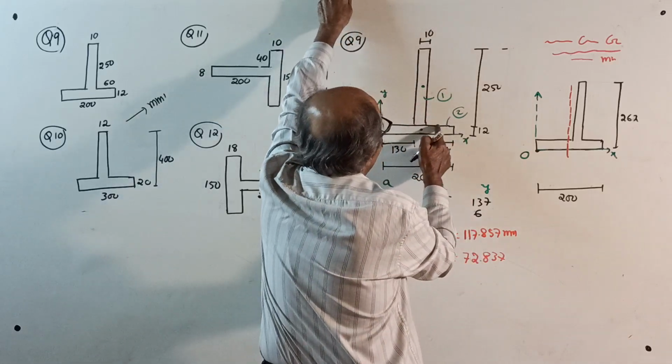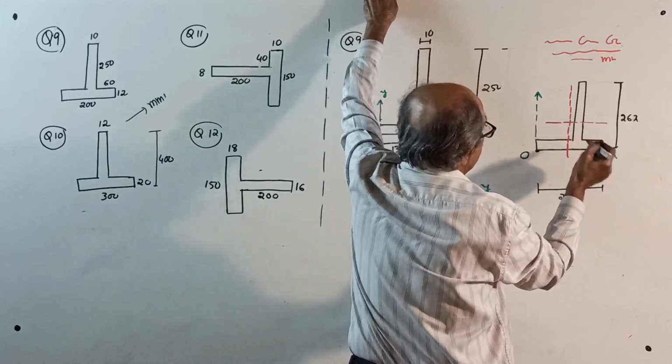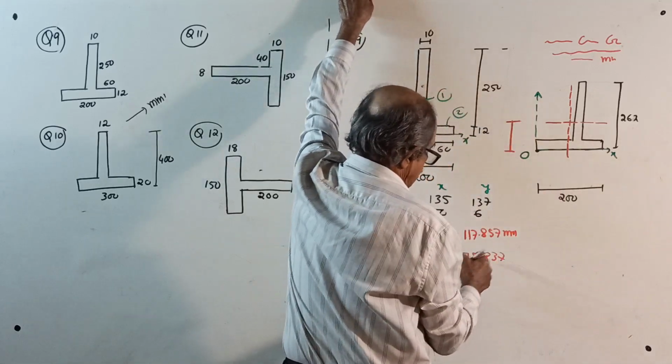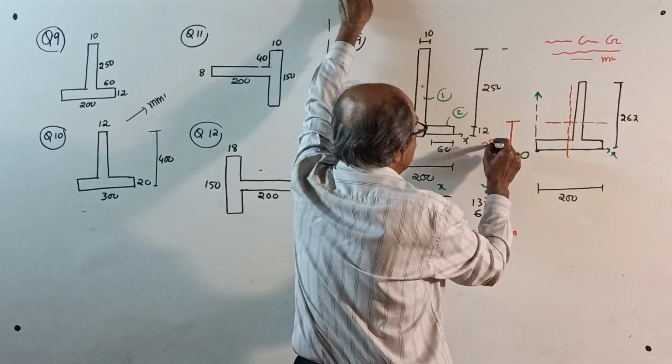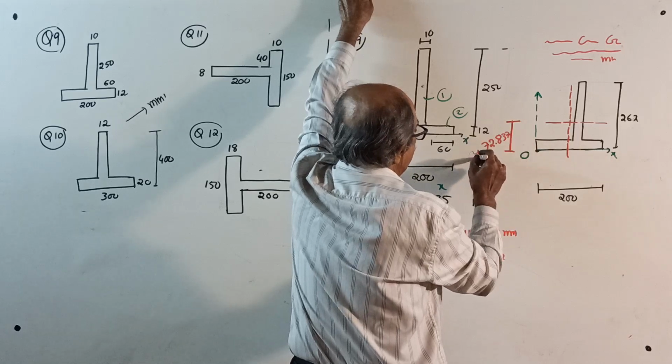So from here it is 12 plus 125 more, it will be somewhere here. Okay, now this distance is your y bar. How much? 72.837. That is your y bar.